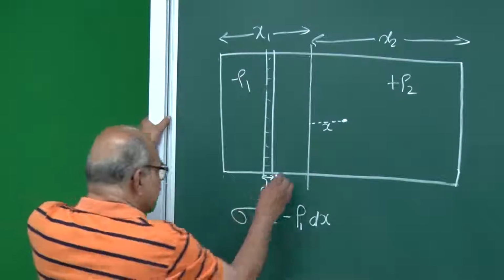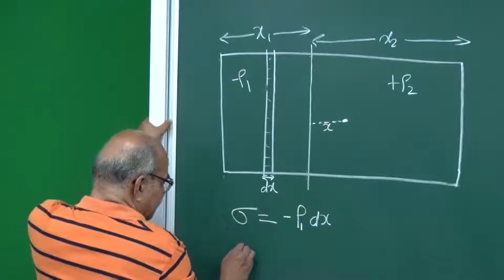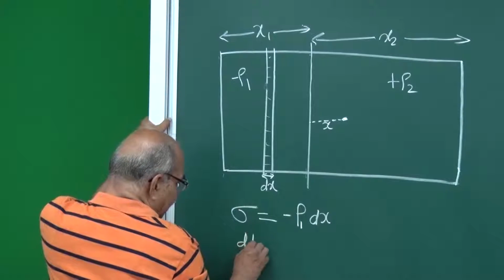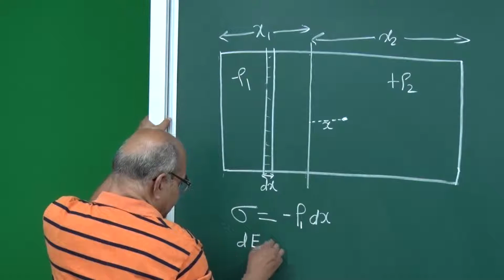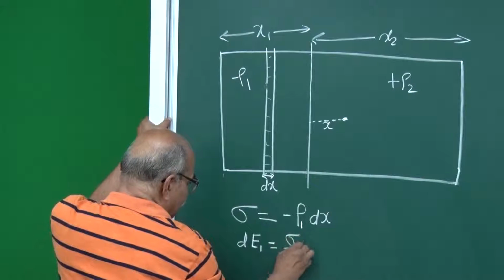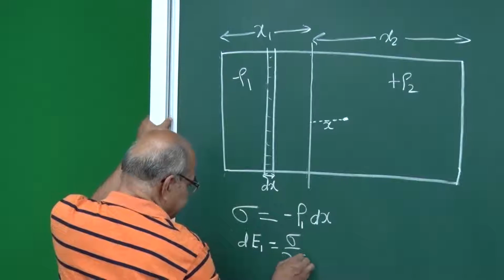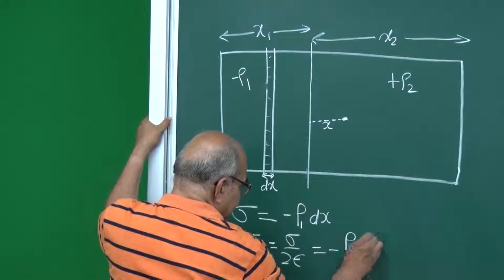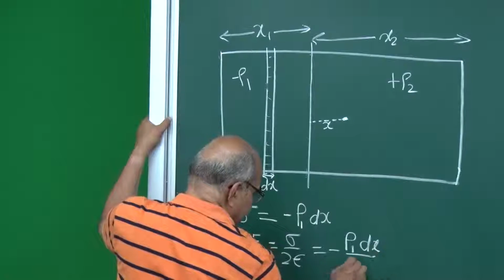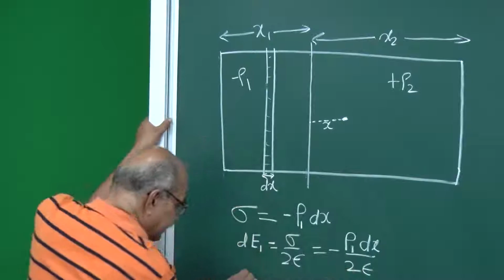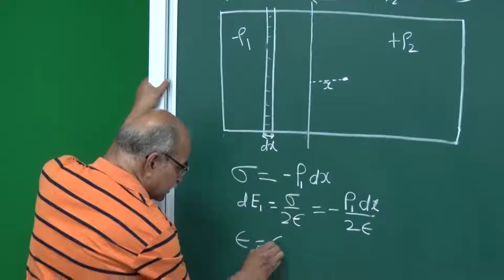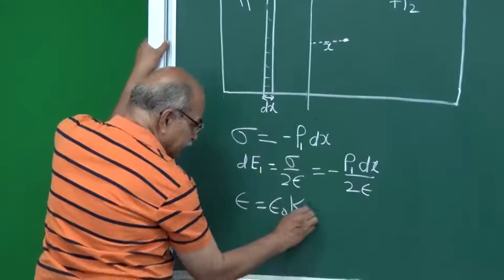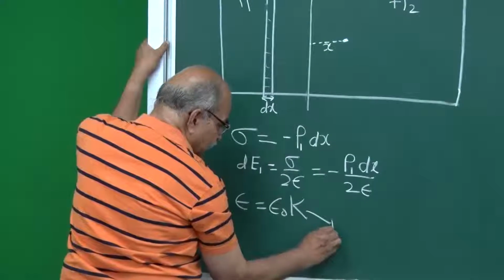And so the electric field due to this will be dE1, which is sigma over 2 epsilon, that is, minus rho 1 dx over 2 epsilon, and this epsilon is epsilon naught times k, and this k is the dielectric constant.